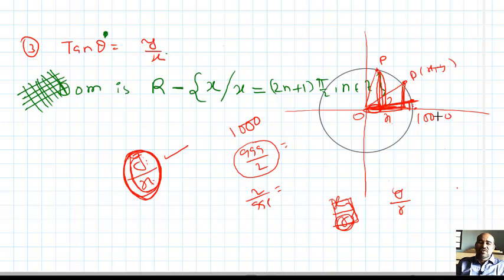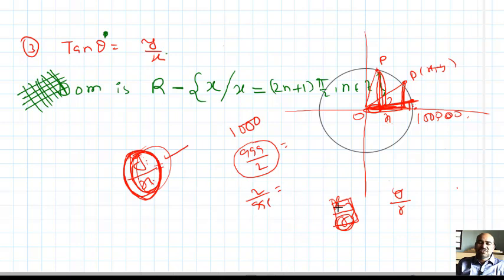For example, the radius of the circle can be taken as 1 lakh. Then the value y by r may not be more than 1 lakh, but lesser than 1 lakh only. If the radius is taken as 1 crore, the y by r value may be lesser than 1 crore. What is the meaning of that? y by r is any real number. Your input is restricted, but your output is not restricted here.